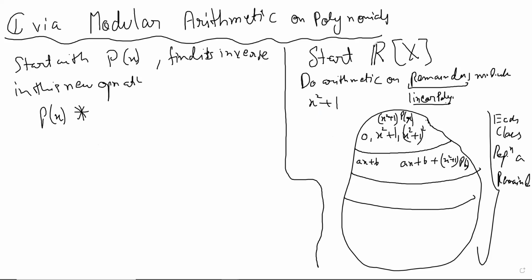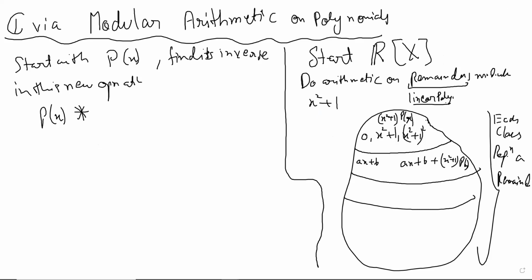But you can still take complex and you can do this quotienting. You can take the set of remainders and you can do addition and multiplication on them. There's no problem in that. But that will not give you anything. That will just give you the complex numbers back.